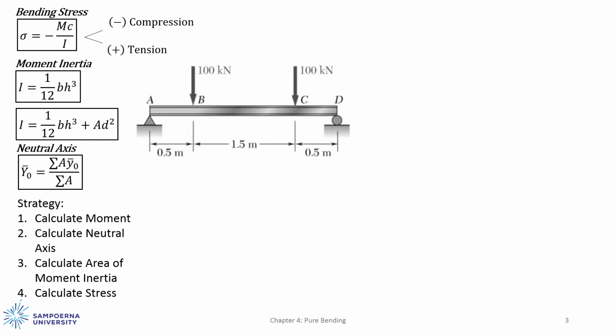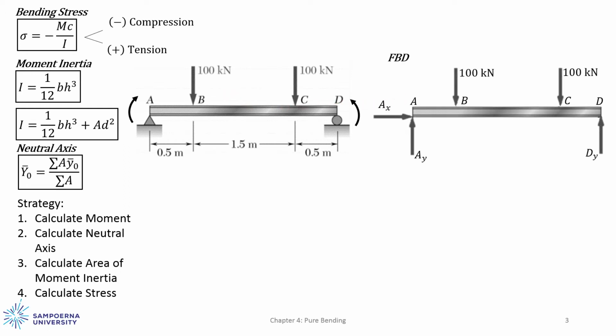Because there are two forces acting on the top of the beam, it creates a moment couple like this, and this will make the beam experience bending in this direction, creating a smile shape. Next, we can draw the free body diagram.